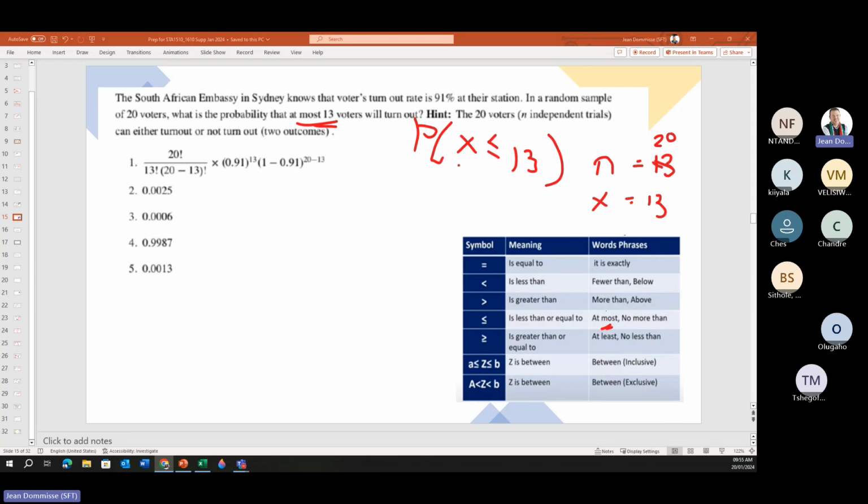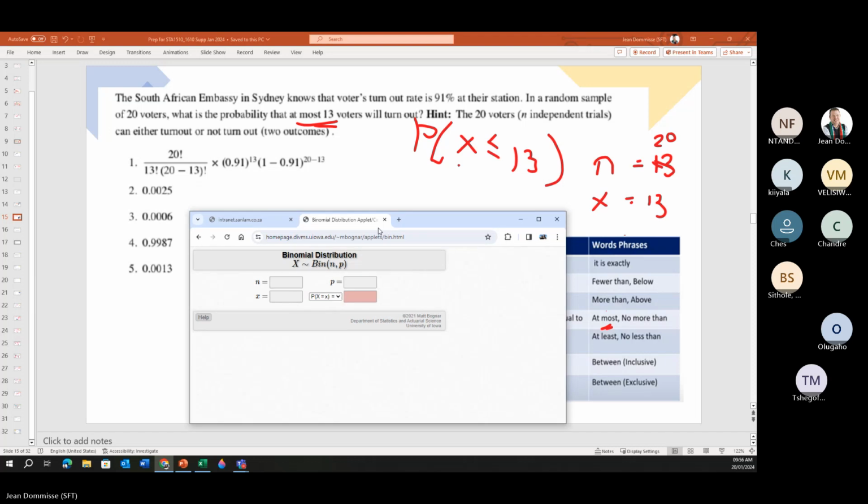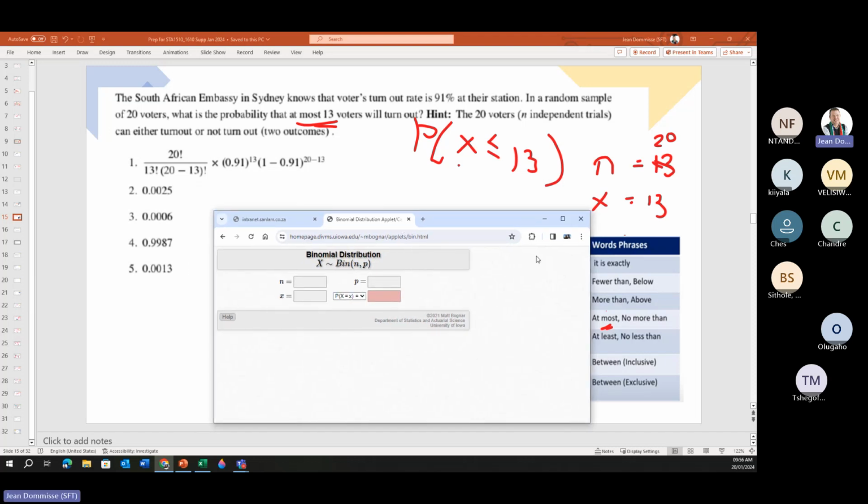So that is the binomial distribution. Let's quickly see binomial. I actually have a calculator now, but I would normally use the tables. I will quickly Google the tables as well. So n is 20, x is 13.